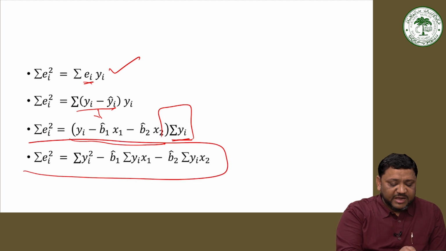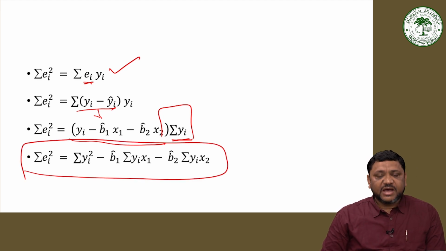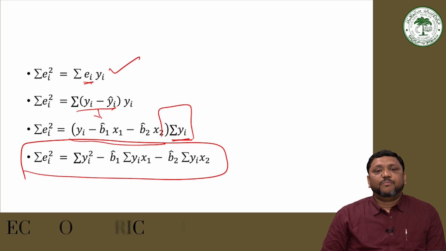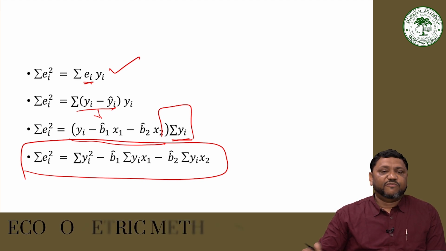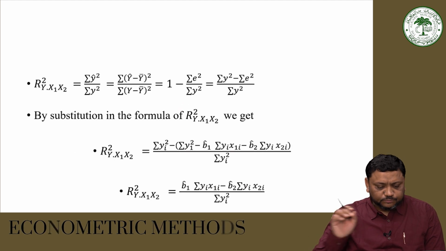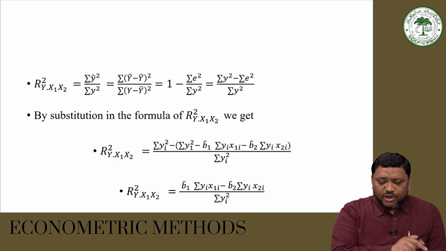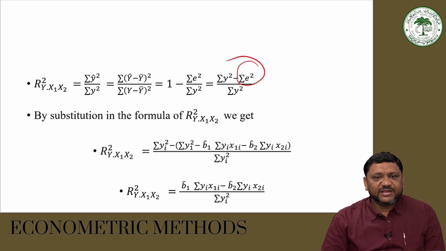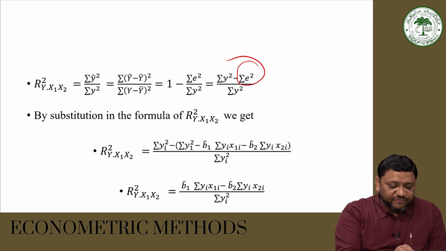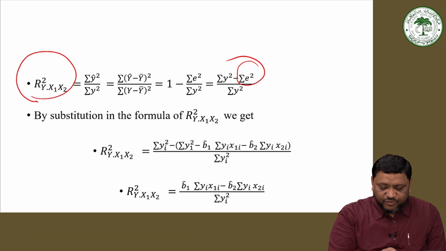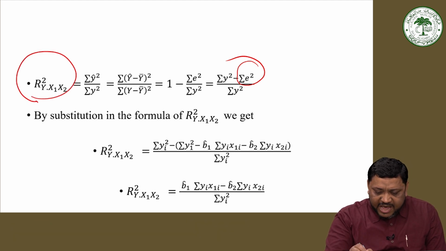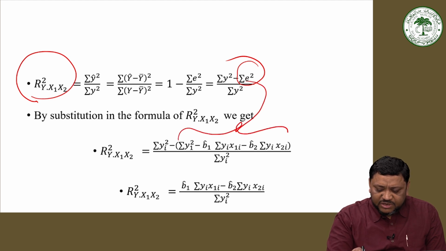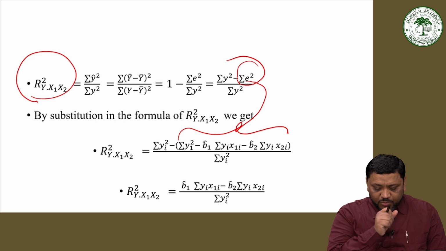So summation ei square can be written as summation yi square minus beta 1 hat summation yi x1i minus beta 2 hat summation yi x2i. Now we have just defined this summation e square. So that is what we take into the formula for r square in the case of multiple regression, and in place of e square we write the complete term.